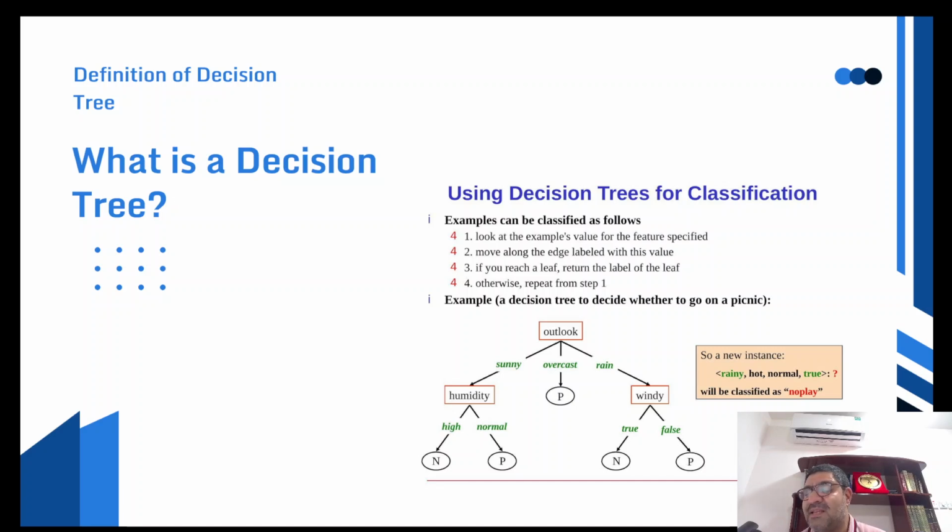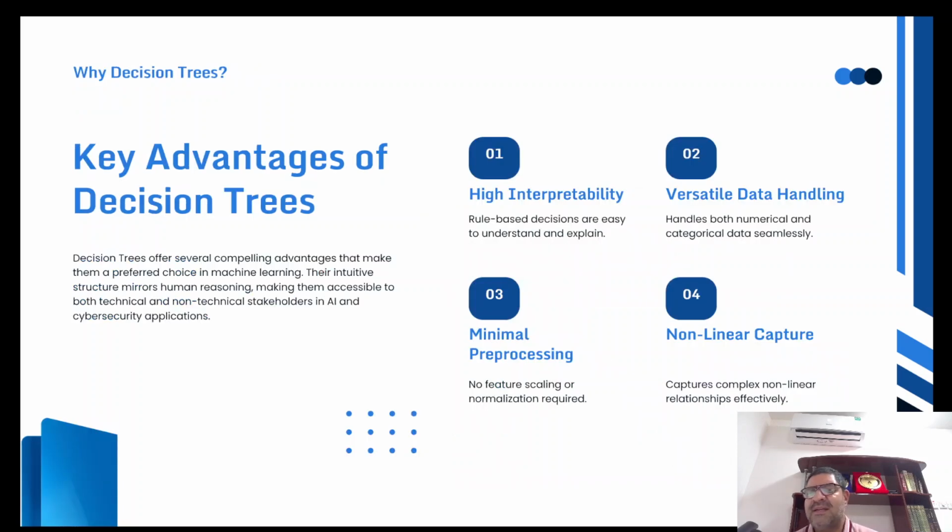These are the basics of what a decision tree is. And there are several advantages when we are comparing decision trees with what we were having earlier. Decision trees are offering several compelling advantages that are making them a preferred choice in machine learning.